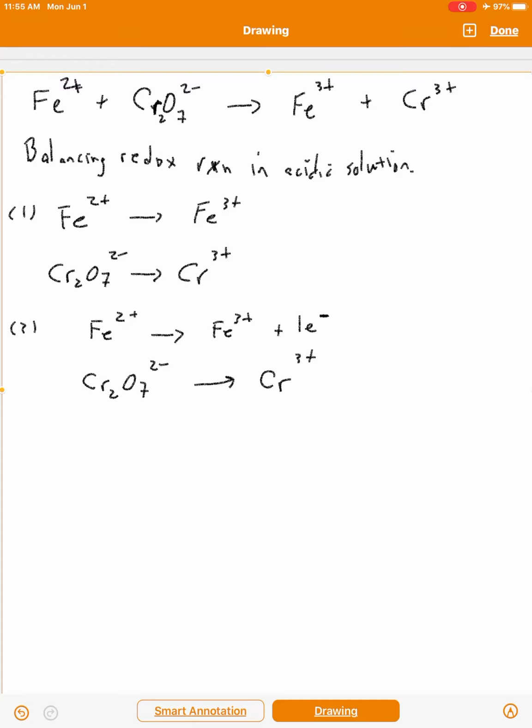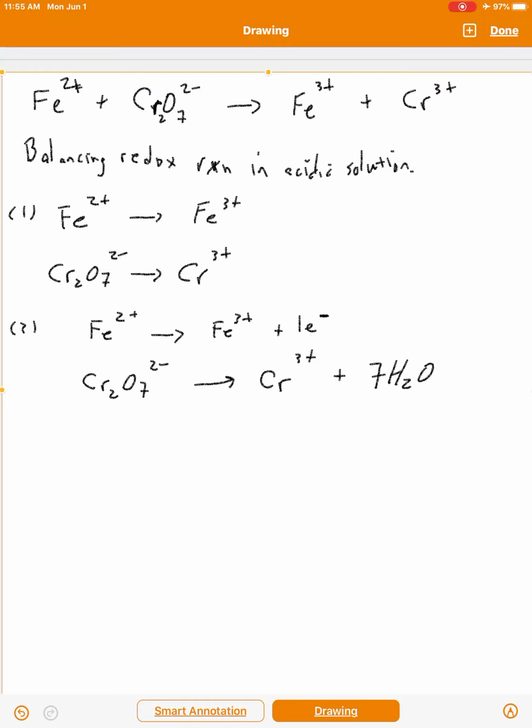Now, why would you do that? Why would you add oxygen to the side that has fewer oxygens? You do it to balance the oxygen, but we do it in the form of water. I'm going to add 7 waters, because 7 oxygens is what we have.